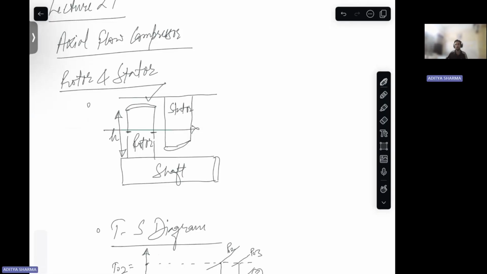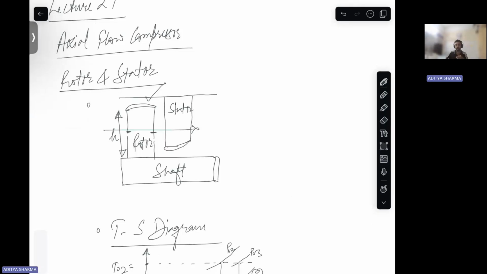So I have already mentioned this, that when we are seeing the velocity triangles and when we are analyzing the fluid velocities that we encounter in axial flow compressors, we are basically seeing the mean height of the blade at which we are analyzing this fluid flow, right?